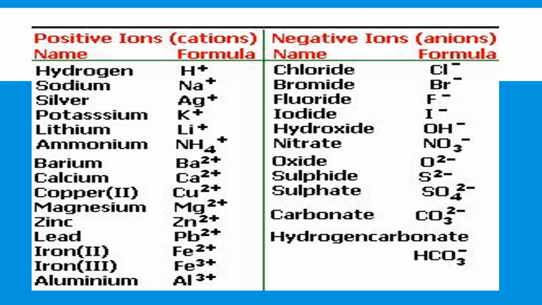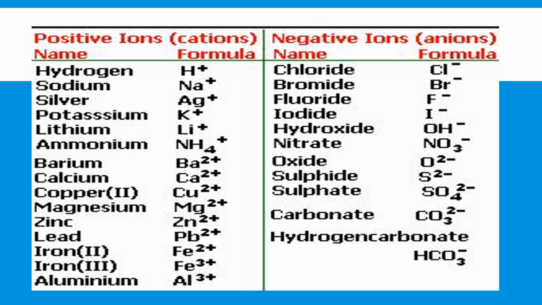Like hydrogen, you see H, the symbol of hydrogen, and on top a plus sign. Chloride has a minus sign after the chlorine symbol. So what is this plus or minus sign? A plus sign means positive charge, and a minus sign means negative charge.